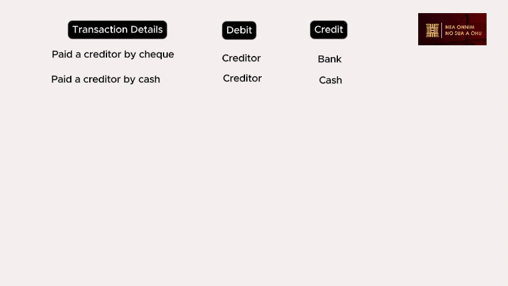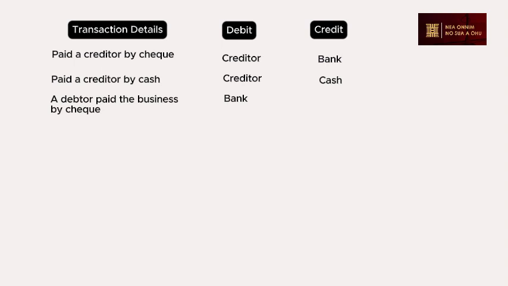Good. Now, a debtor pays the business by check. What are the 2 accounts involved? Of course, there is the debtor account. And the debtor account, being a customer, paid the business by what? Check. What did we say about check?